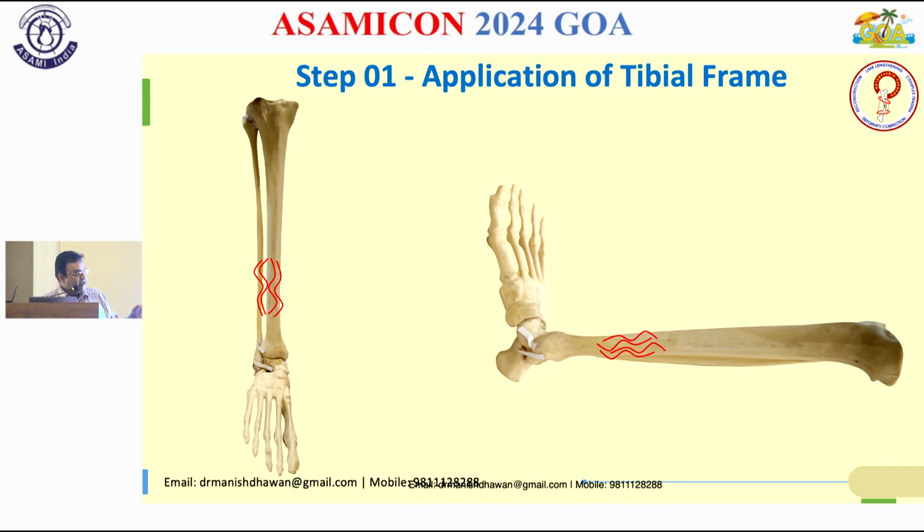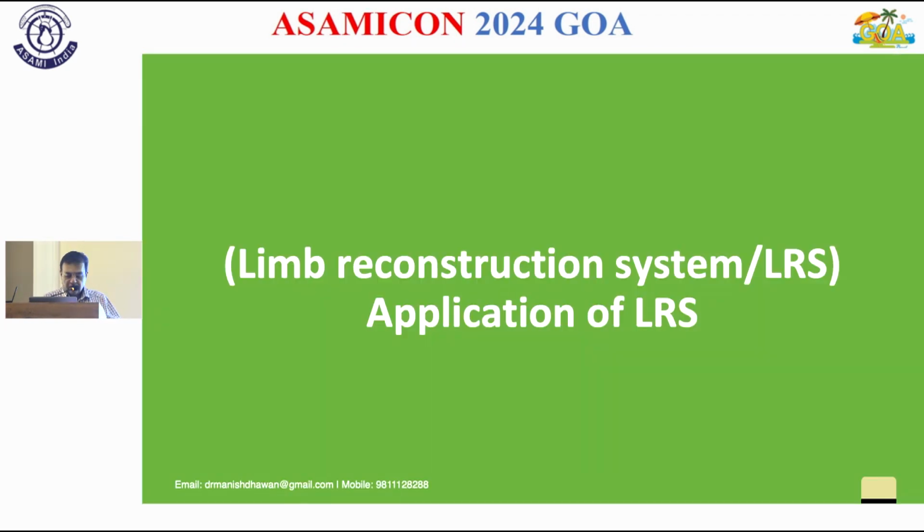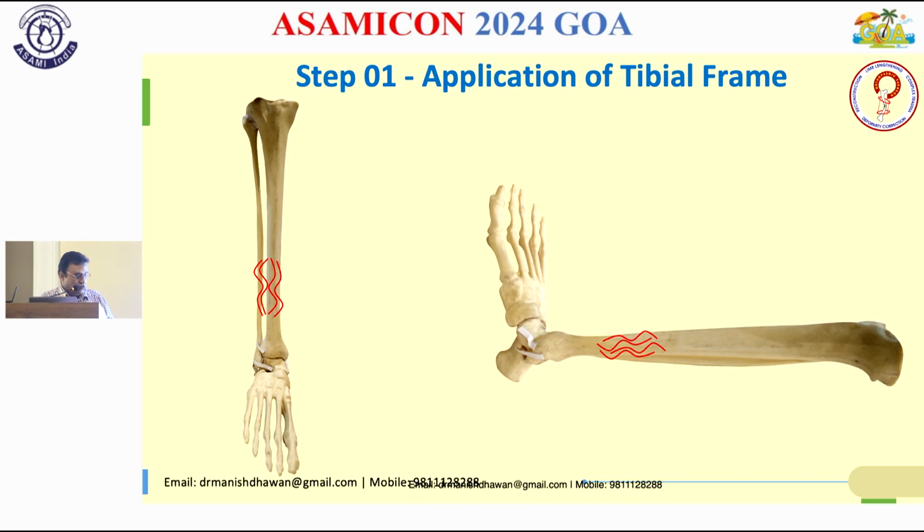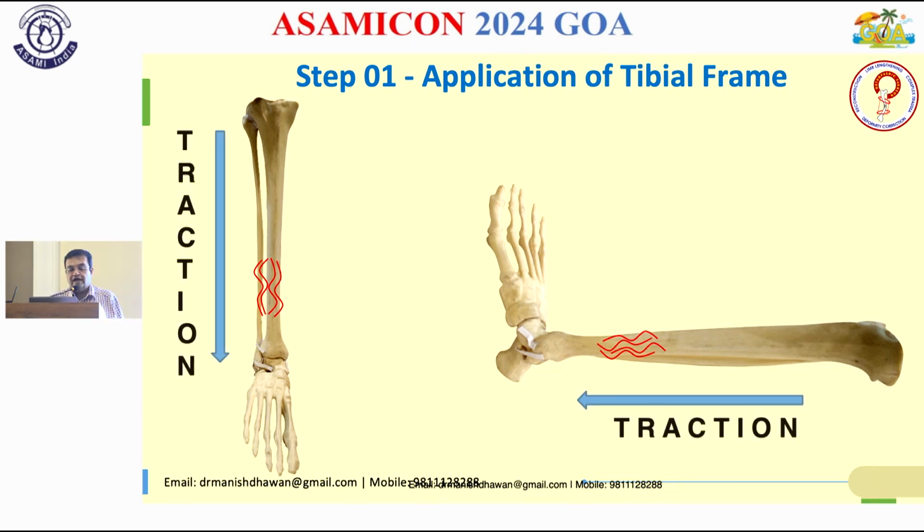So suppose there is a fracture here. This is the fracture. The first step when you apply is that you have to give traction. Once you give traction, almost everything comes into place; 80 to 90% of fragments come into place.